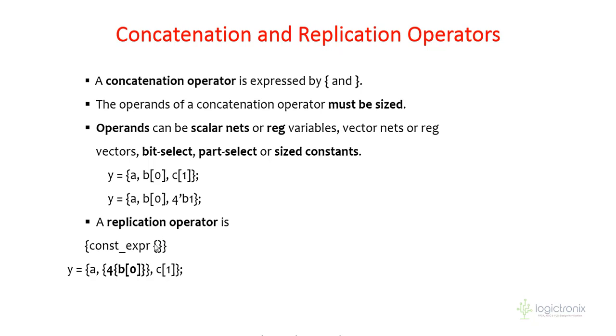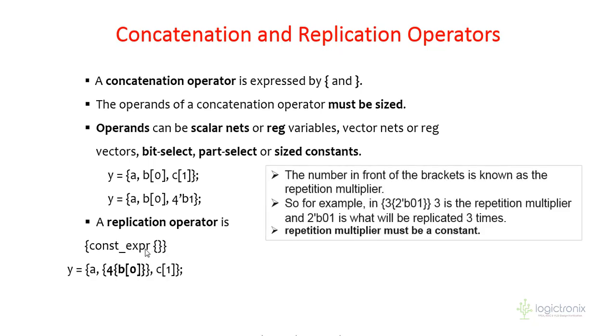So another is the replication operator. The replication operator actually replicates the same information. So we can replicate the information. Like this type of statement, 3 of 2'b01, that means the 2-bit binary 01 value is replicated 3 times.